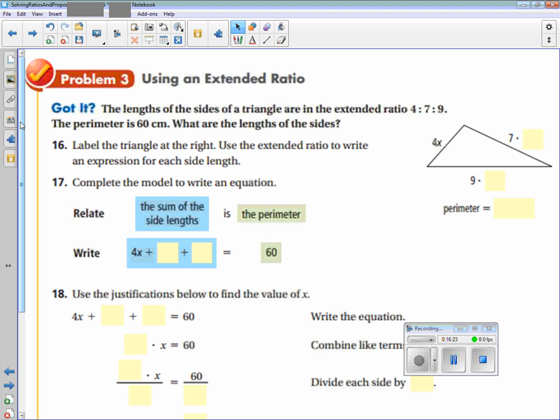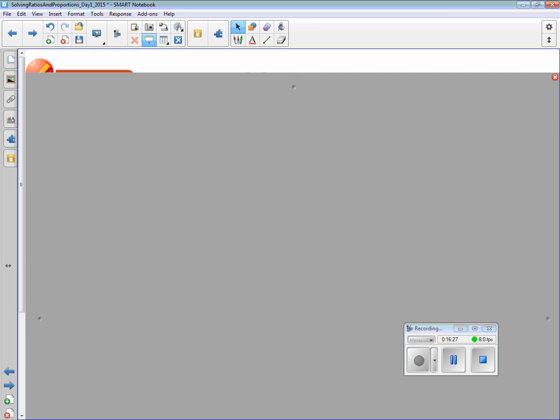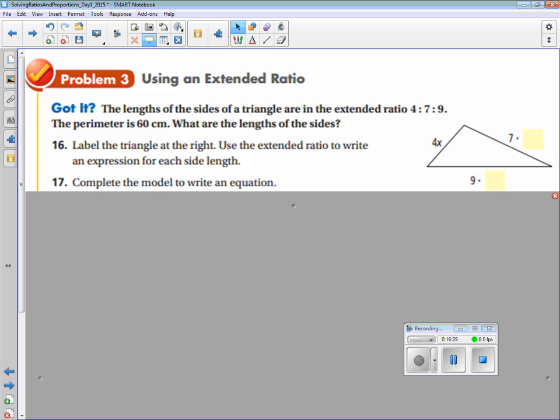Okay, good. All right, so I want you to write the problem down in your notes because you need an example. Okay, and I'm just going to kind of cover it up. You don't have to write the 16 and 17, but let's go ahead and write the example, and you definitely want to draw the picture. Okay? We have the lengths of the sides of a triangle, and you have something called an extended ratio.